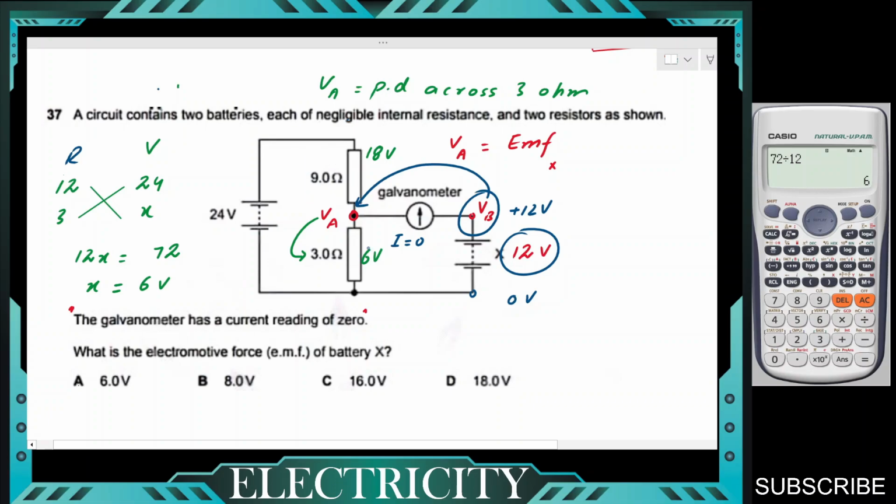What we have to do is the voltage at point A, and we have found the potential at point A equals 6 volts. So V at A equals 6. That would equal the EMF of the battery X. So the EMF of the battery X has to be 6 volts once again.